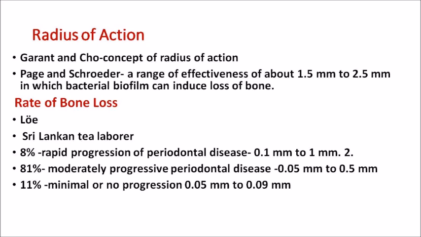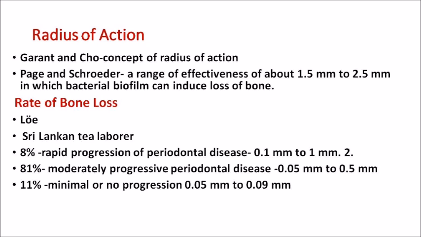There was a loss of 0.05 to 0.5 millimeters of bone in a year. In 11% of the population, there was minimal or no progression of disease at all. That is 0.05 to 0.09 millimeter was their annual bone loss rate. So in 8% it was 0.1 to 1 millimeter, in 81% it was 0.05 to 0.5 and in 11% it was 0.05 to 0.09.